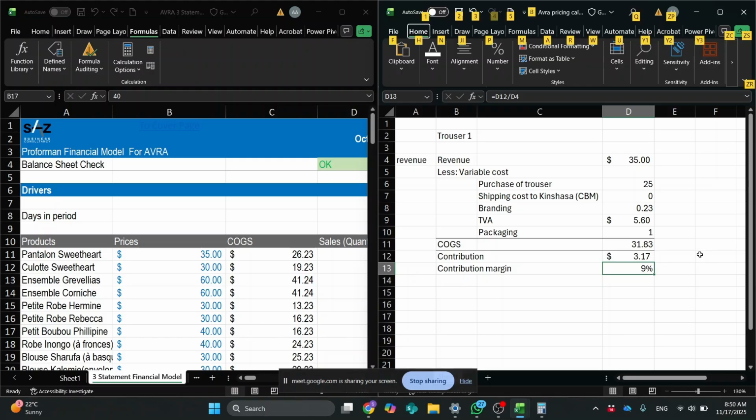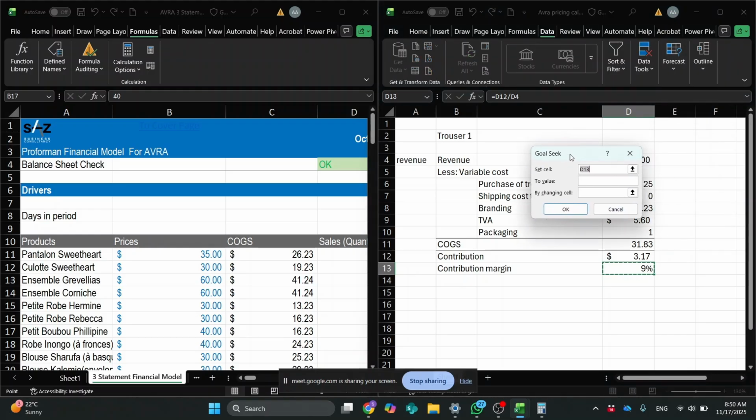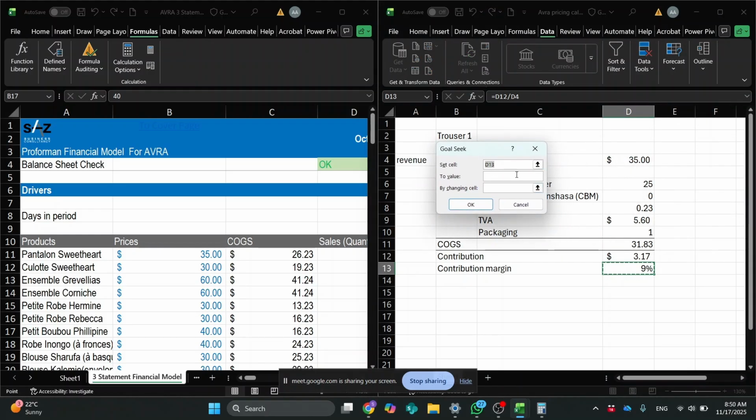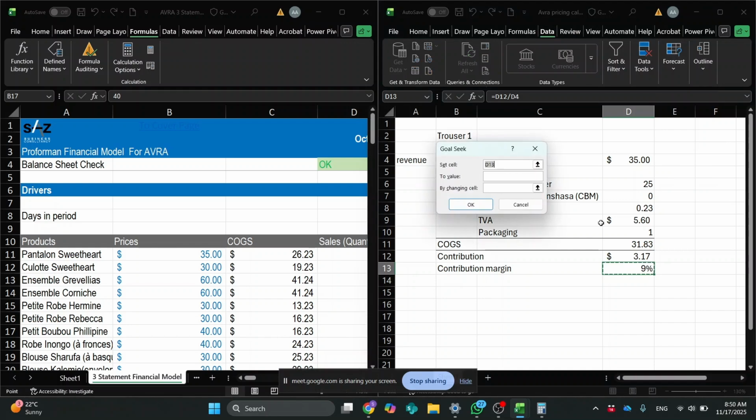Now from there, we can do a goal seek, whereby we want this cell to be that 50% that you want, which is 0.5. Sorry. Alt, goal seek. We want this cell to come to a value of 0.5 by changing what?